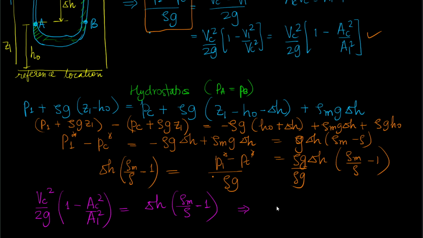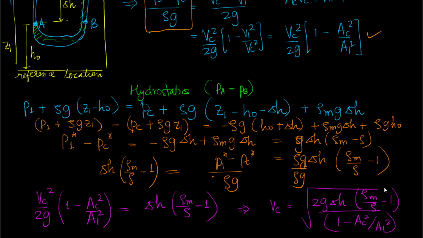This implies Vc is equal to the square root of 2g delta H (rho m upon rho minus 1) upon (1 minus AC square upon A1 square).